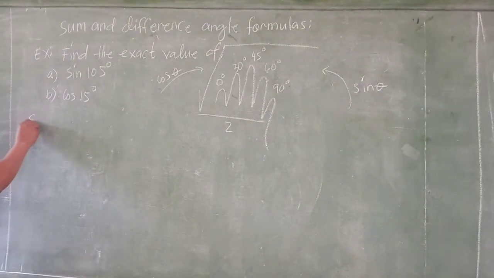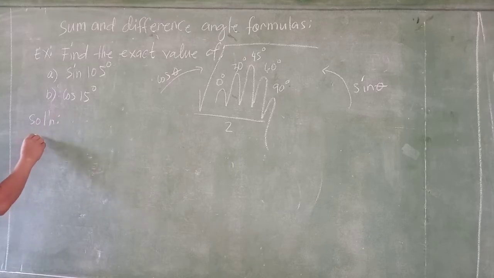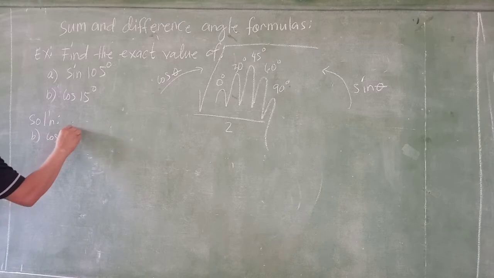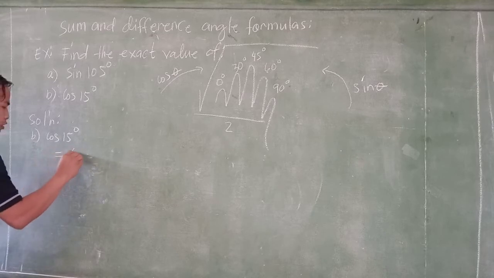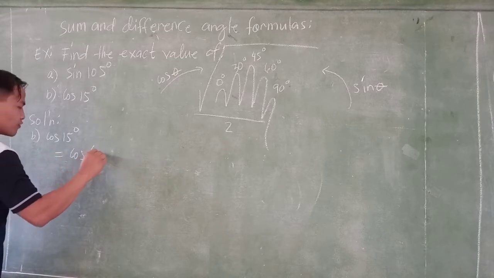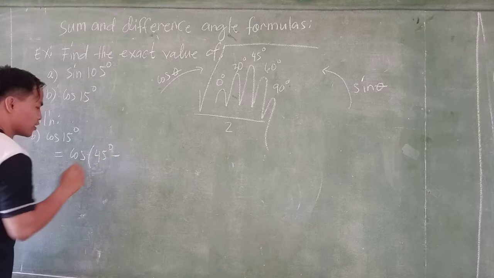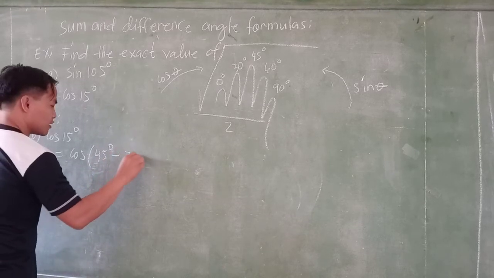Letter B, we have here the solution for letter B. That is letter B for cos of 15 degrees. Cos of 15 degrees is just equal to what? That is just equal to cos of 45 degrees minus 30 degrees.